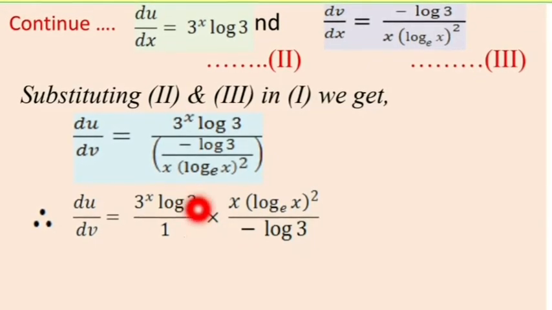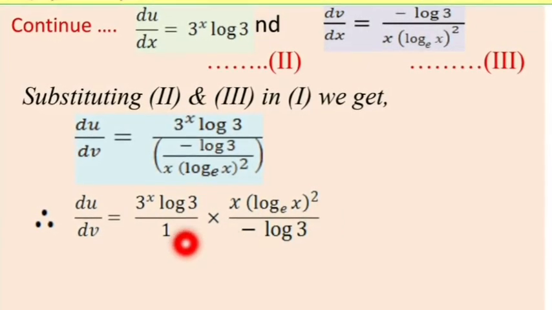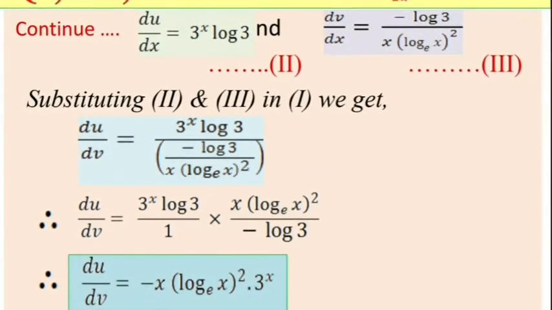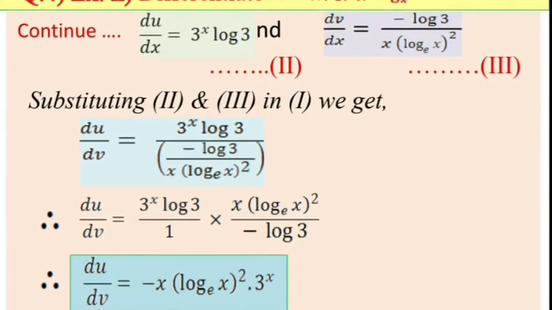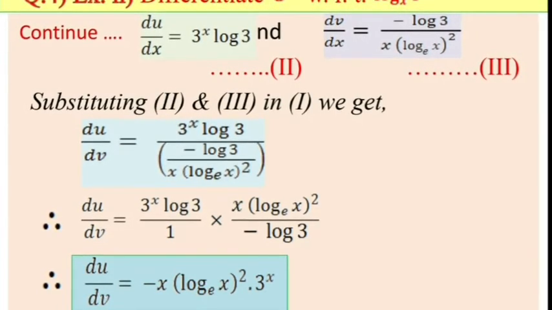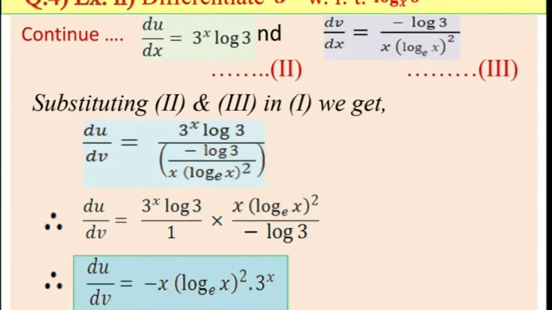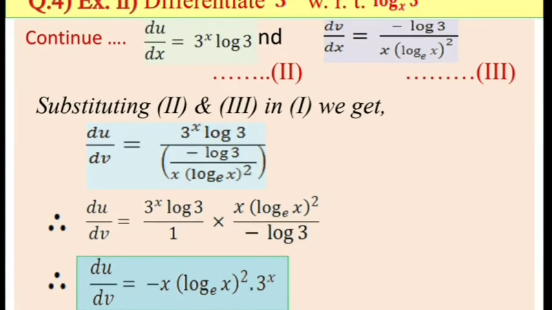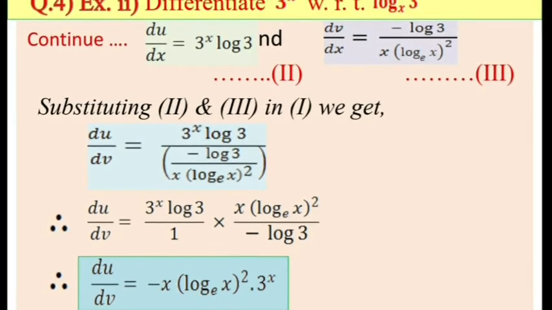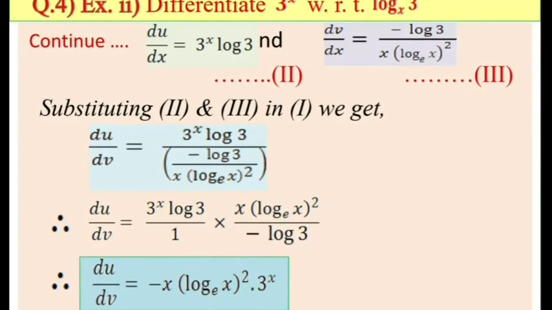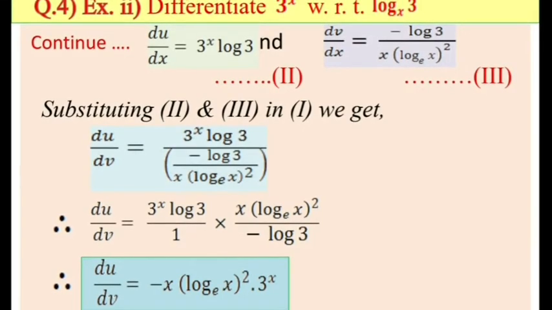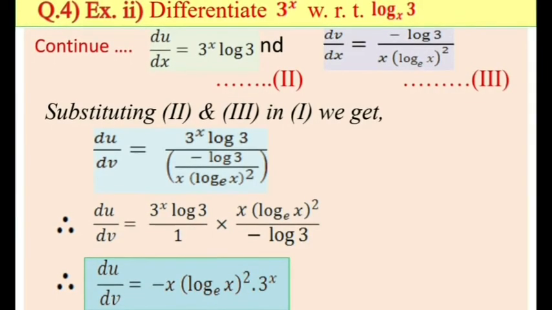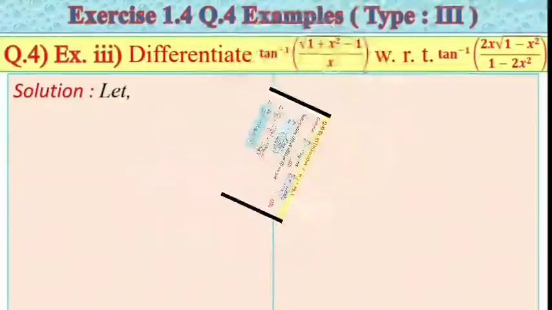Here log of 3 and log of 3 cancel, and therefore we can get du by dv equal to minus x into bracket log of x to the base e bracket square into 3 raised to x, and that is the derivative of the first function u with respect to the other function phi, that is the derivative of 3 raised to x with respect to log of 3 to the base x. That is the procedure, the same procedure as explained in example number first. Okay, got it?